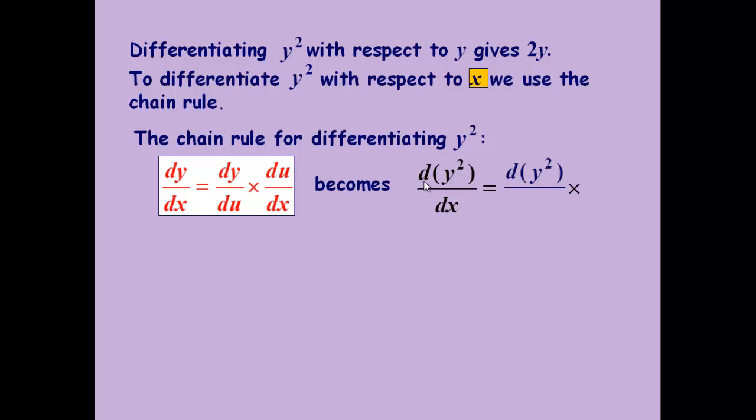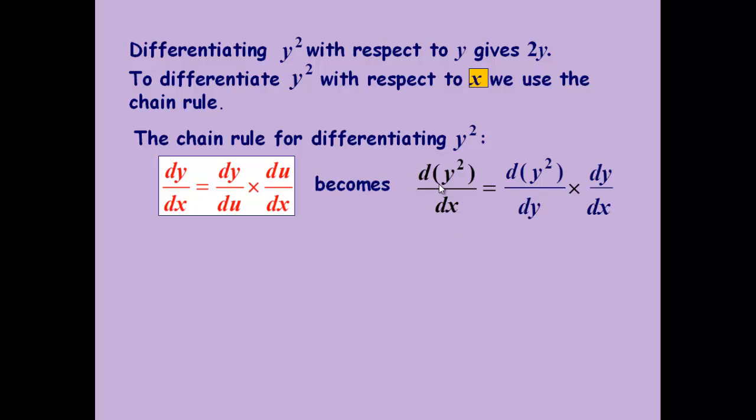So in order to differentiate y squared with respect to x, we're going to look at d of y squared over dy. In other words, differentiate y squared with respect to y, which gives us 2y, and then dy dx, so we're using y as the chaining variable, so the result we get is just going to be 2y dy dx.